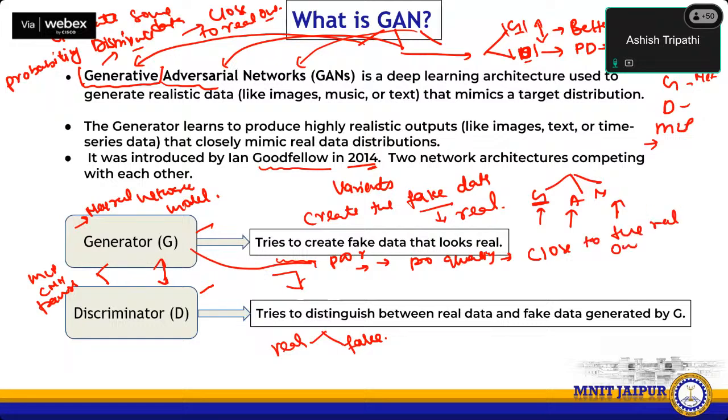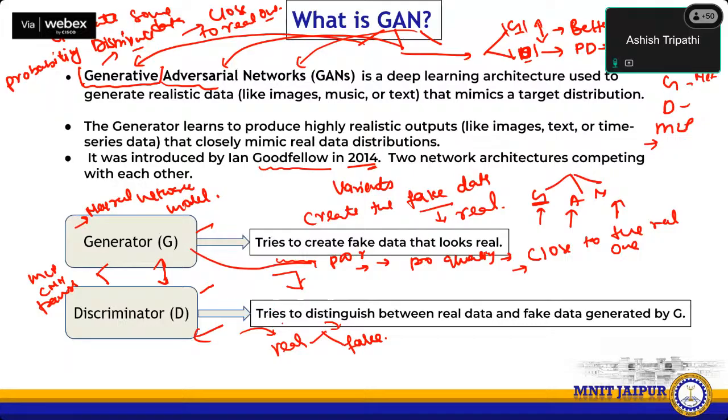If the images are not close to the real one, then the task of the discriminator becomes quite easy. That means the discriminator can easily discriminate between the real and the fake images if the generator has not developed quality images.